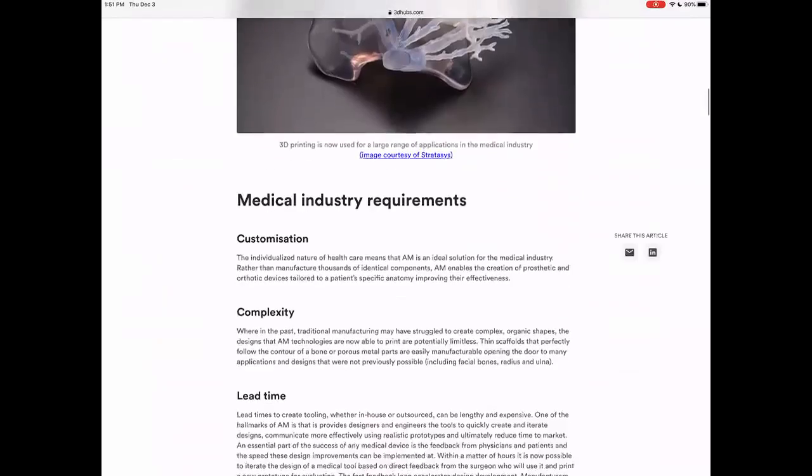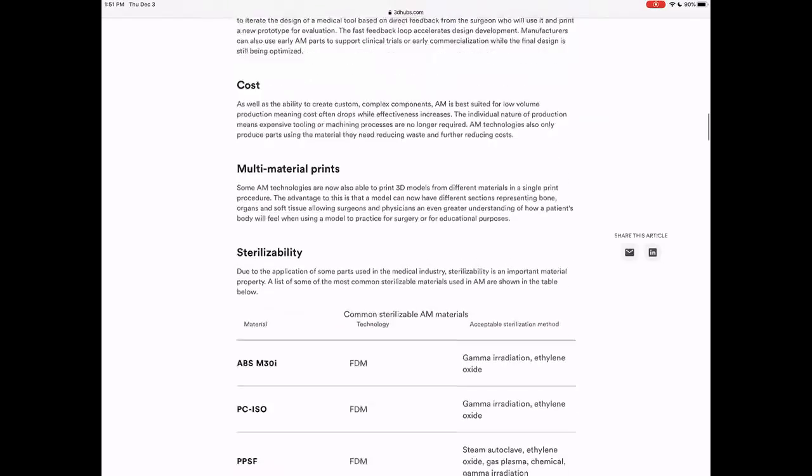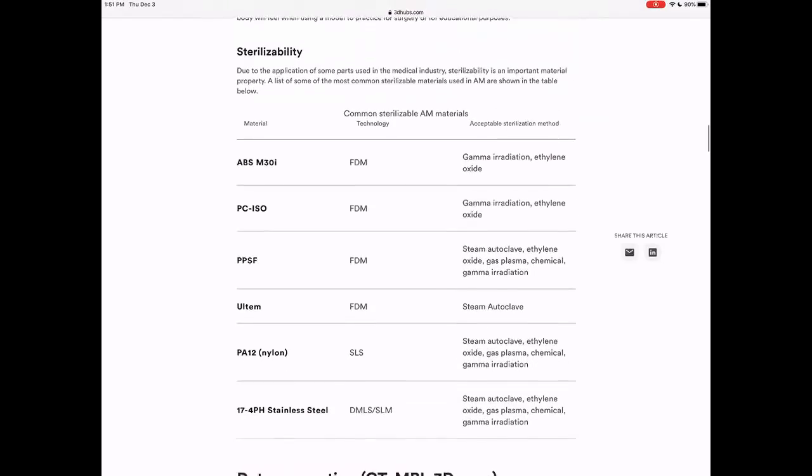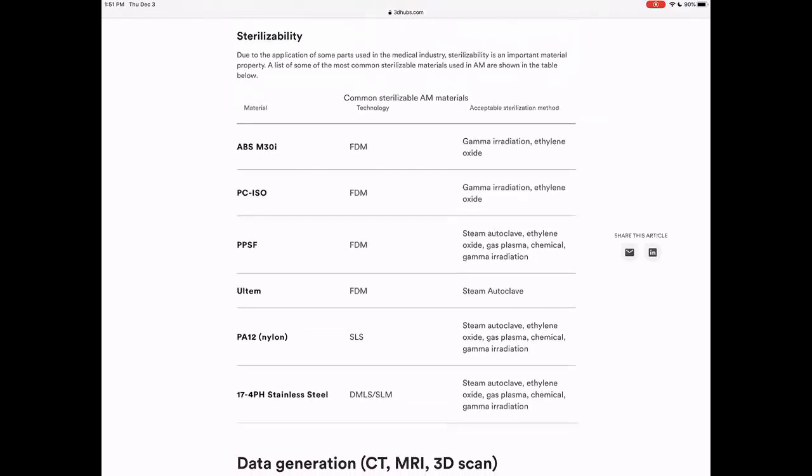Okay, that's great. One of the interesting things that they bring up in this webpage is the ability to sterilize polymers. And of course, if you're working in a biomedical environment, or in a hospital, or in medical technology, sterilization is really important.